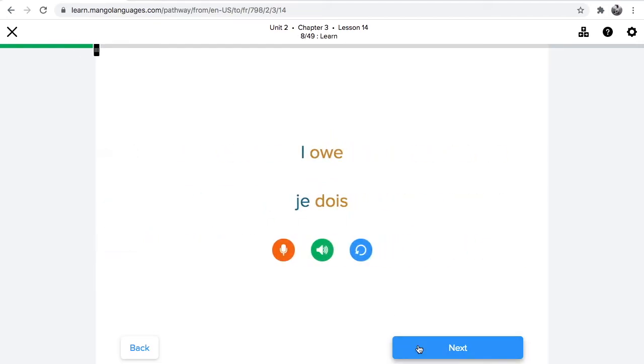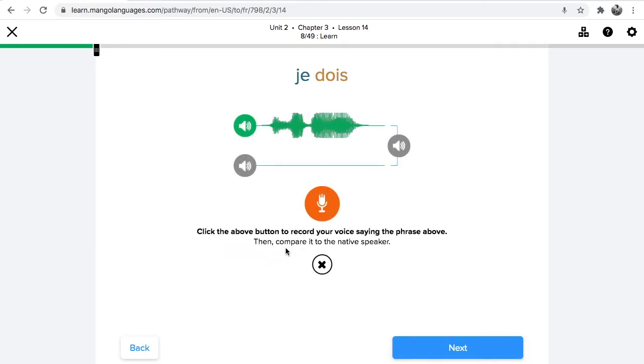Let's learn how to say, I owe. Listen closely and repeat. Je dois. It's really awesome because right here you also have the option to do a voice comparison. Okay, so let's click on that. You record yourself saying the phrase or the word, je dois.